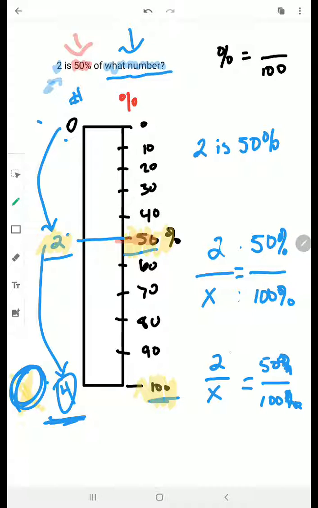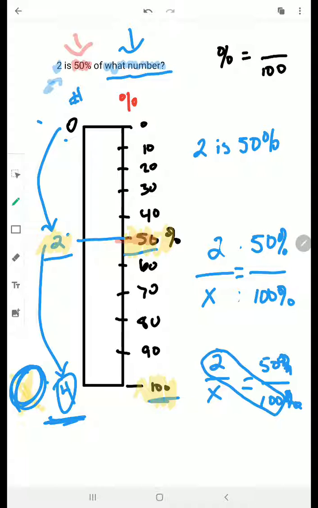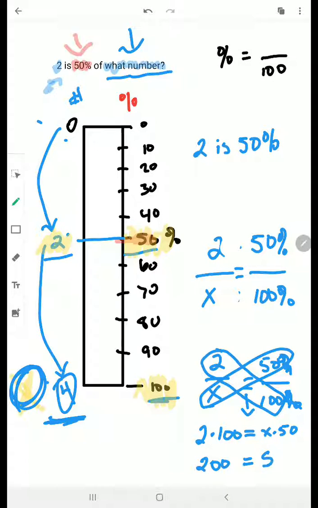If we cross multiply, we're going to cross multiply these numbers first, and I would really encourage you to make sure that you're writing this part down. We're taking 2 times 100, using the equal sign, is equal to x multiplied by 50. So what we have here is 200 equals 50x.